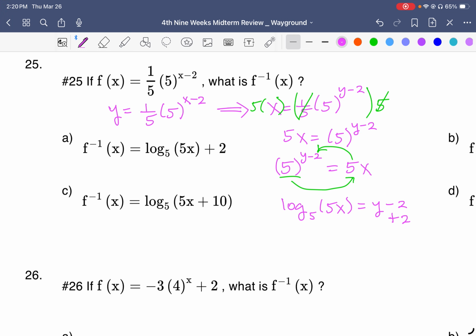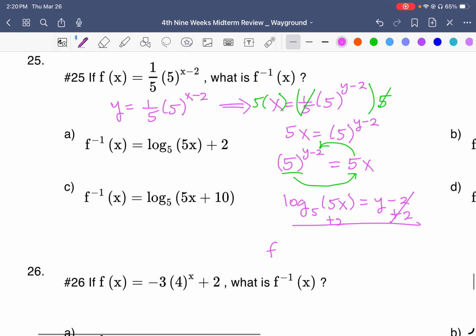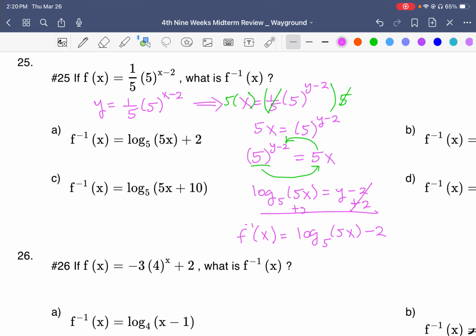And I'm going to do plus 2 on both sides because I need y by itself. But after you have y by itself, you want to write it as the inverse of f of x equals log base 5 of 5x plus 2, which matches answer choice A. Plus 2. Sorry, I forgot the plus.